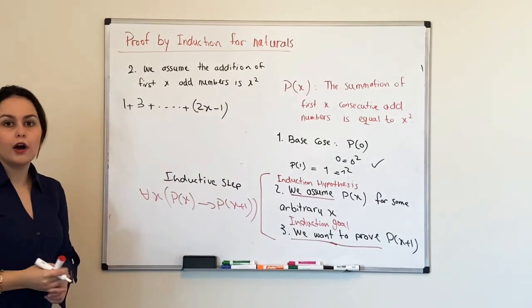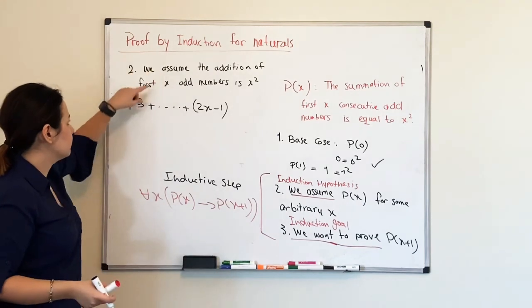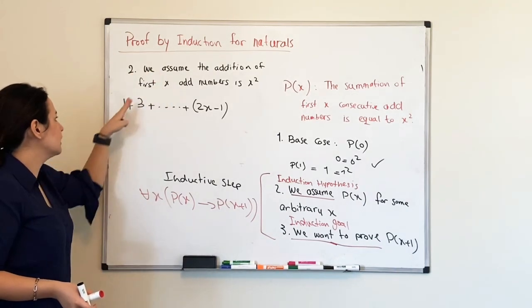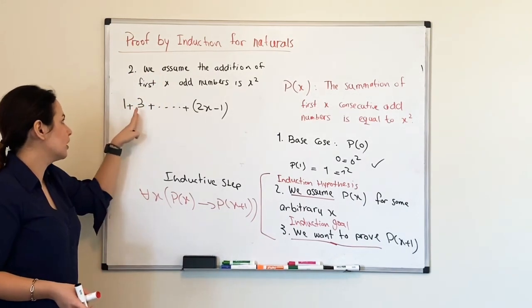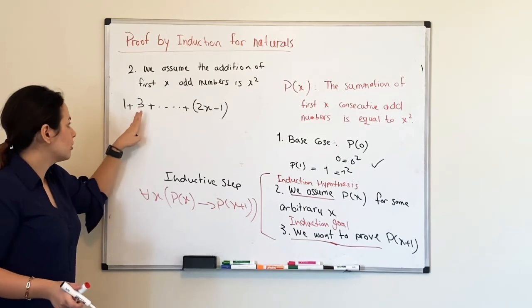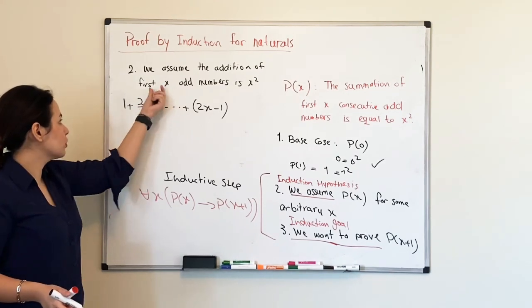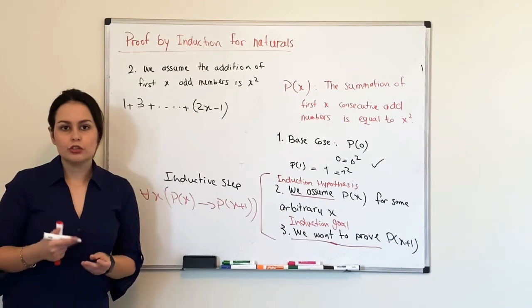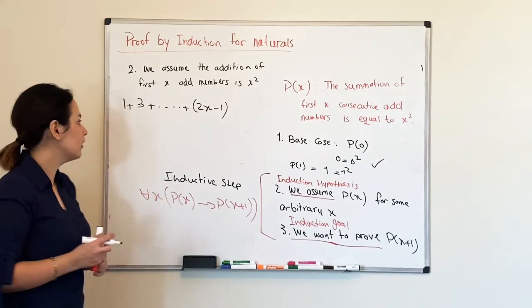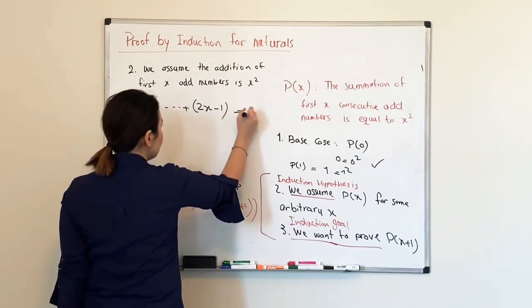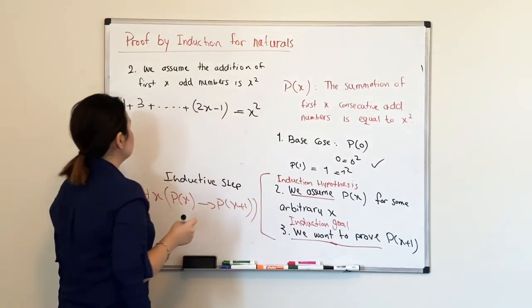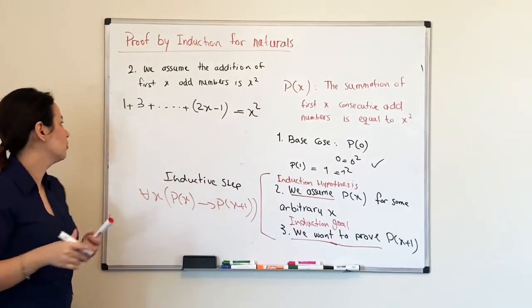You can find why I say that. The first one is 1, the second one is 3, the third one is 5, so the x-th one must be 2 times x minus 1. You can find that yourself, and I assume that it is true. I don't need to prove that, I just assume that.